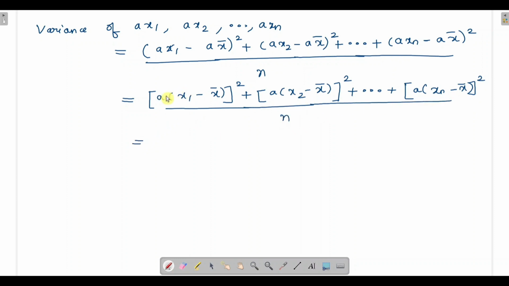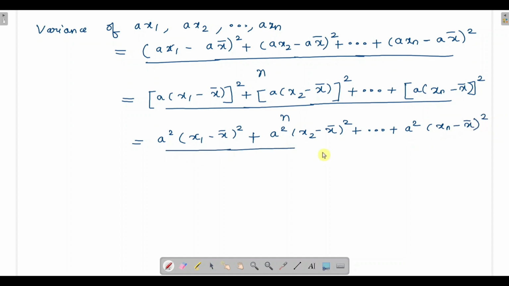So if we open the bracket, the square will go to this a, so a square into x1 minus x bar the whole square plus a square into x2 minus x bar the whole square and so on up to a square xn minus x bar the whole square divided by n.